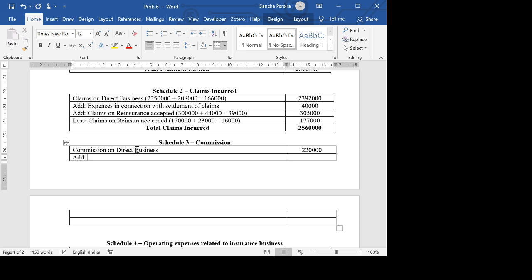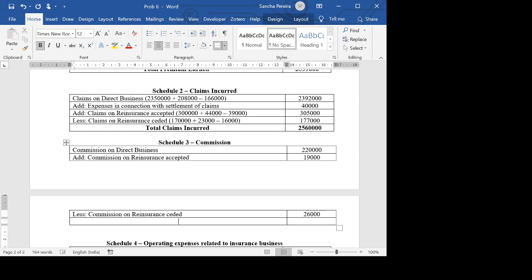Similarly, we add commission on reinsurance accepted, which is 19,000, and less commission on reinsurance ceded, 26,000.